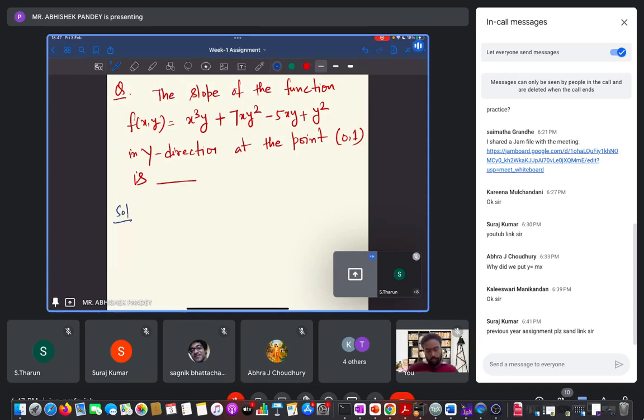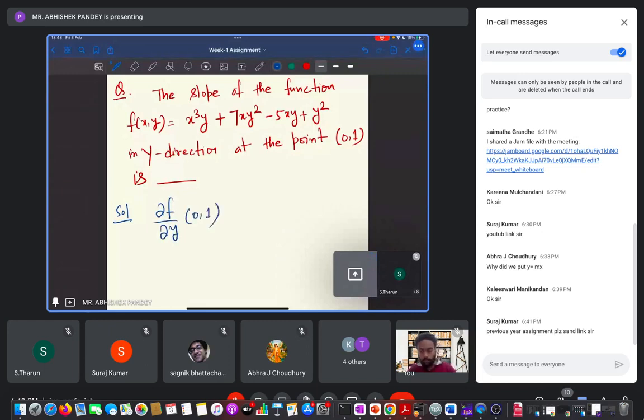So what the question is saying is the slope of the function in y direction at the point 0 comma 1. Okay, so this is nothing but the directional derivative of f at this point in the direction of y. So in the direction of y we can basically take the partial derivative del f by del y at 0 comma 1.